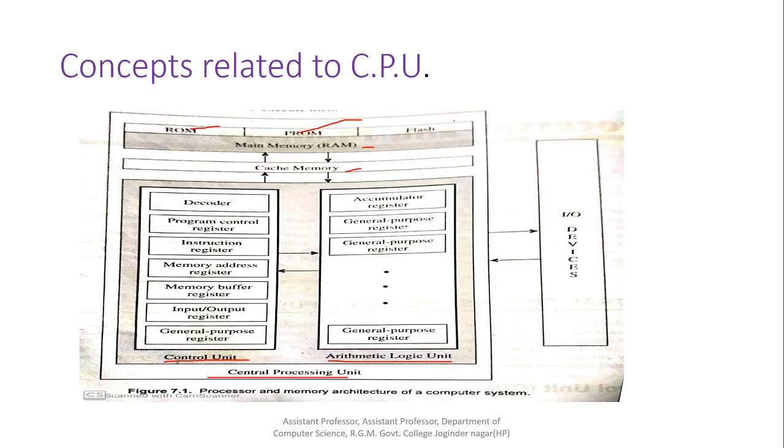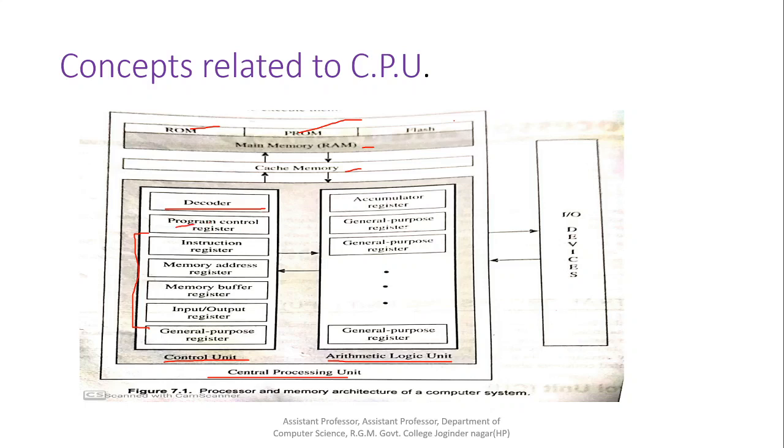In the control unit we have two parts, one is special registers and the other is the decoder. This one is a decoder and these are special purpose registers. Why are these special purpose registers? Because each register has some special task that is required to be performed by that register.